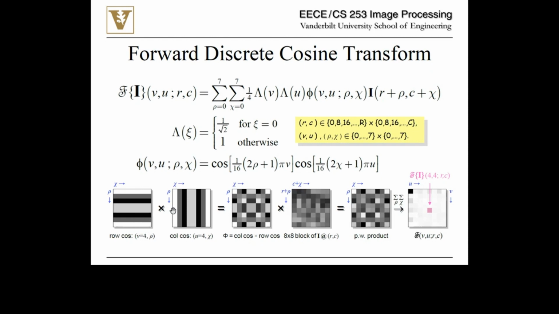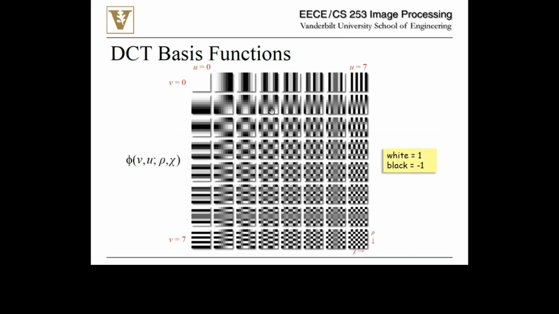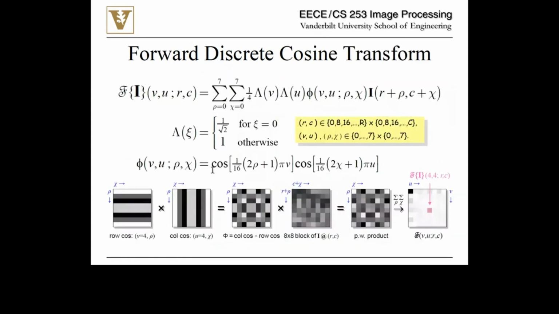You used 4 and 4 here. Okay, so these are the patterns corresponding to u equals 4. So this is u equals 0, 1, 2, 3, 4. So it is this one. And the same, this is v equals 4. Okay, so I was using 4, 4, and I get this number. So I put that number here at the 4, 4 location.